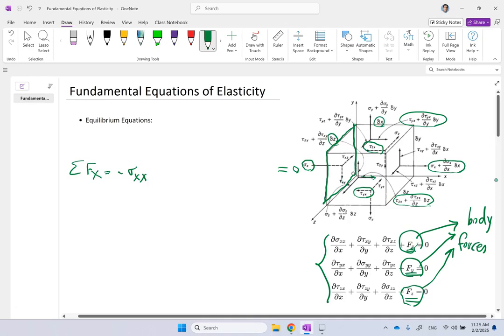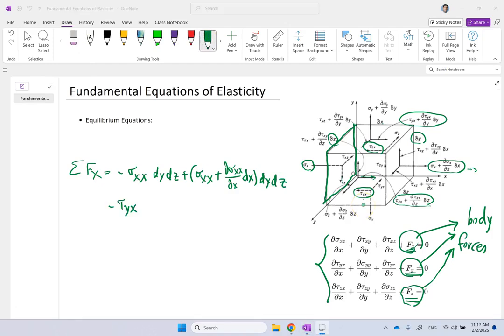So it is going to be that times dy dz, or delta y delta z. That is the force for that guy. Now this one, which is the opposite side of that, is going to be positive, and the area it is applied to is similar, dy dz. So far, that's the total of these two forces.